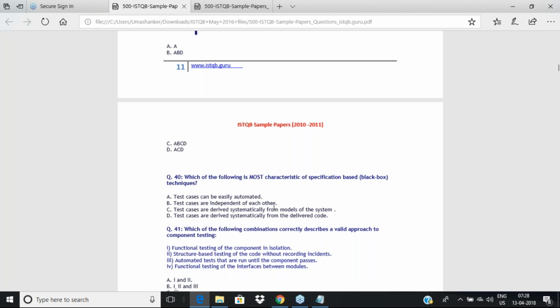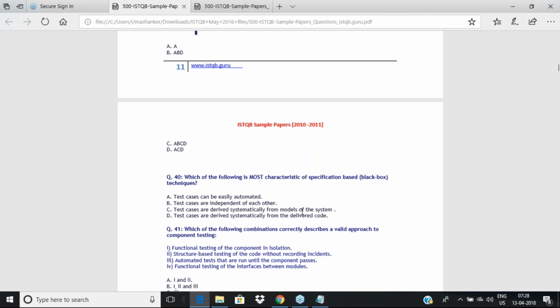Test cases are independent of each other. That also you cannot say, because there could be one test case where you have to perform the first three steps and then go on to 4, 5, 6. There is another test case where you perform the first three steps as they are, but the fourth and fifth steps are different. So you cannot completely say test case 1 and test case 2 are totally independent.